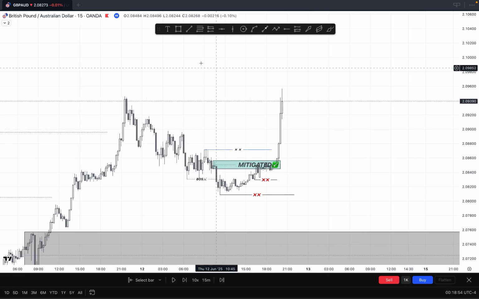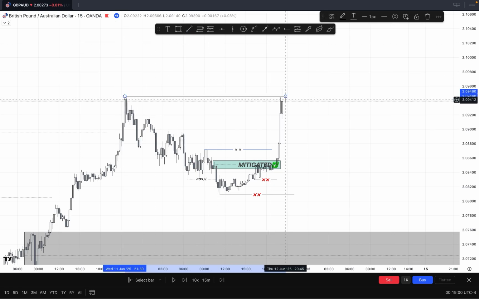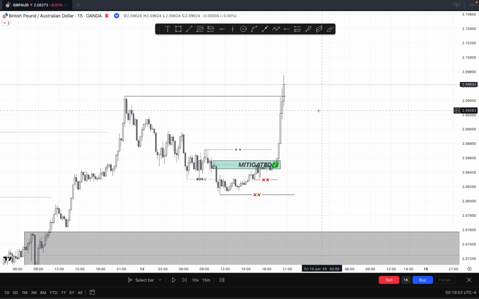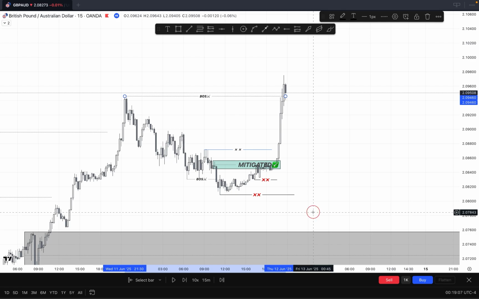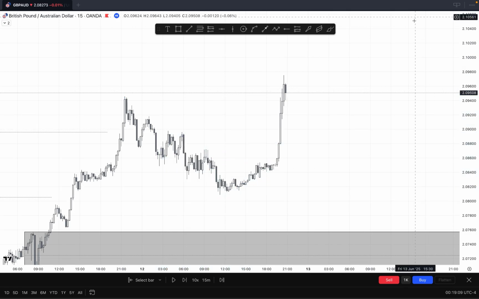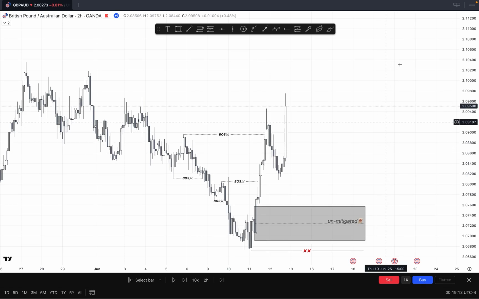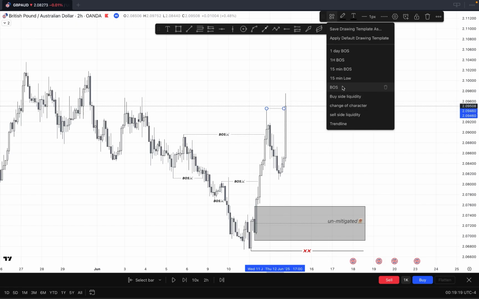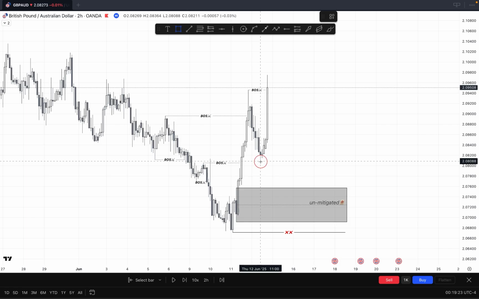Holy hell, okay. That's a breaker structure. Draw that. 2 hour. Okay, so that's a breaker structure in 2 hour right here. Structure. So we're looking for a retracement here.